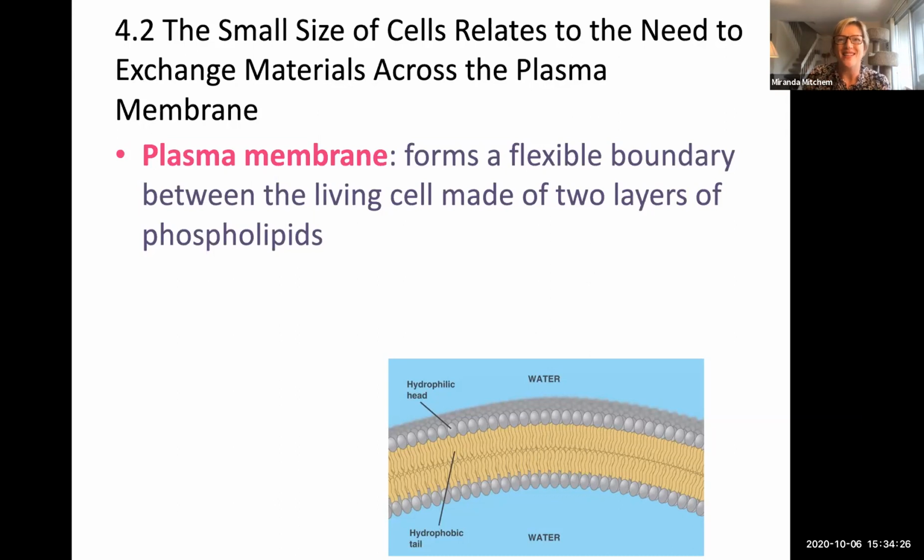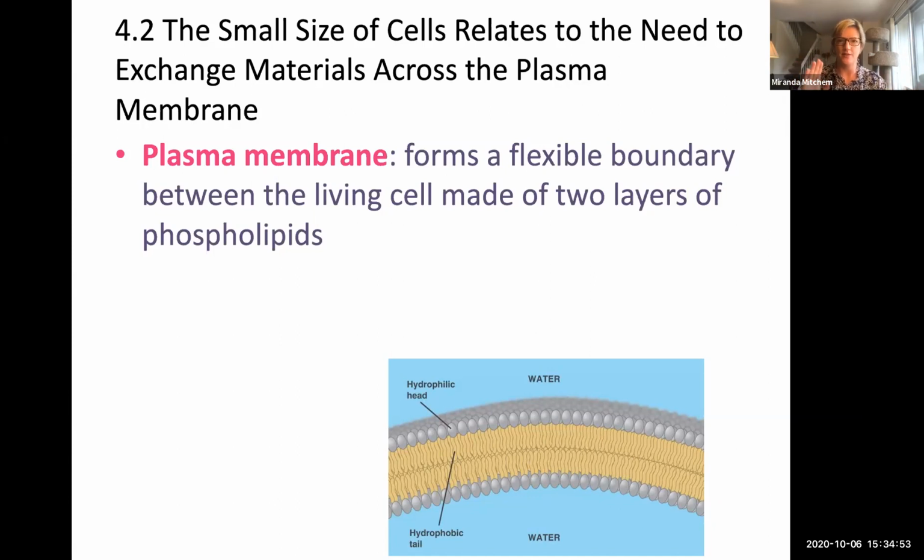Let me explain this in a different way. If the membrane were all water soluble, if it were all hydrophilic without the fatty acid tails, there would be no membrane. It would just dissolve in the environment of our watery body. If it were all just tails, the phospholipid tails, it wouldn't interact properly with the rest of our body since it's so watery.